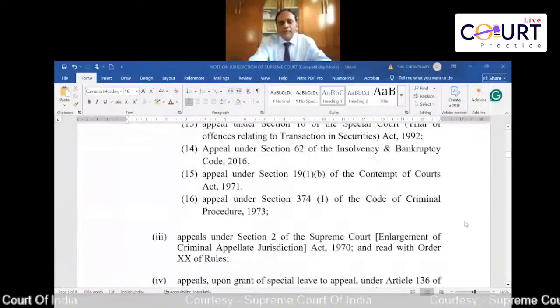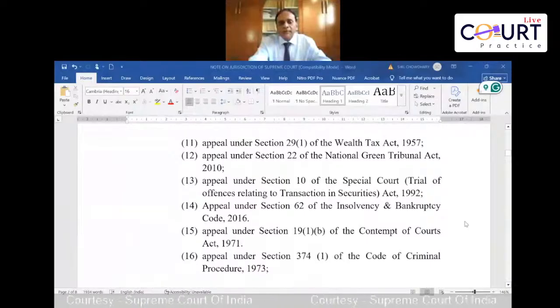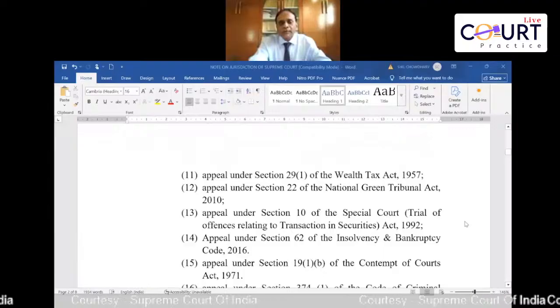Now, there are a few more. I need not read through them, but these are only illustrative. There are a few more statutes where appeals directly lie to Supreme Court. But the point is, all statutes have a different provision.